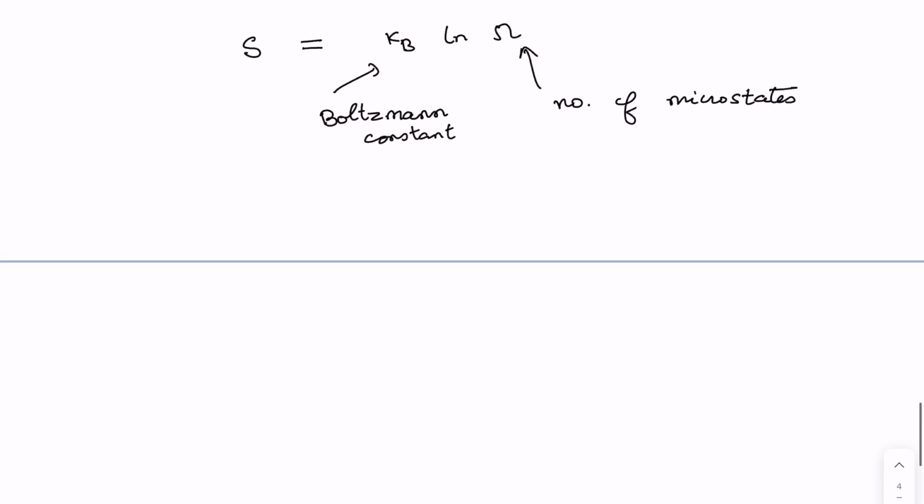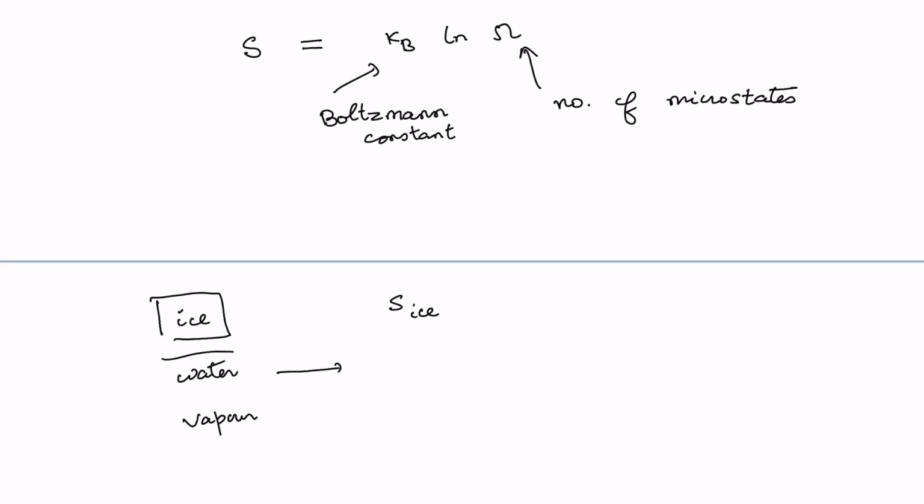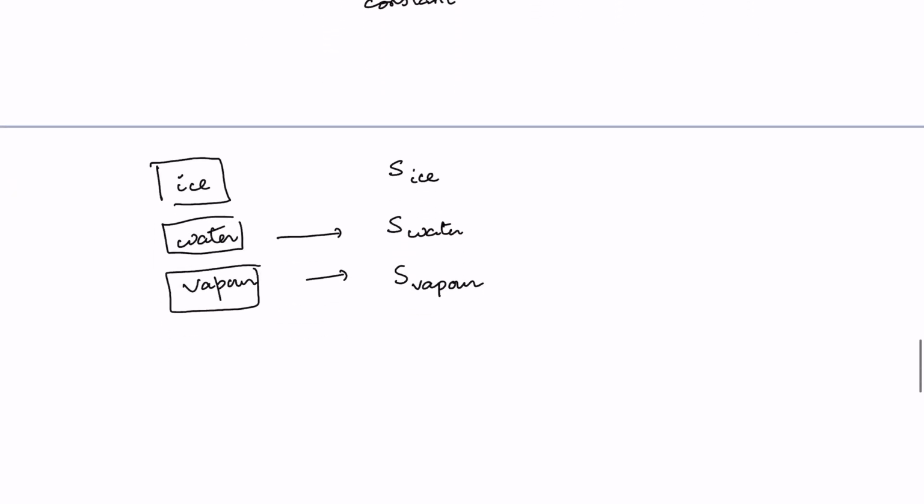As an example, if we talk about ice, water and vapor, ice has low entropy compared to water, and water has lower entropy than vapor. This is because the number of microstates in ice is less than that of water, and the number of microstates in vapor is greater than that of water.